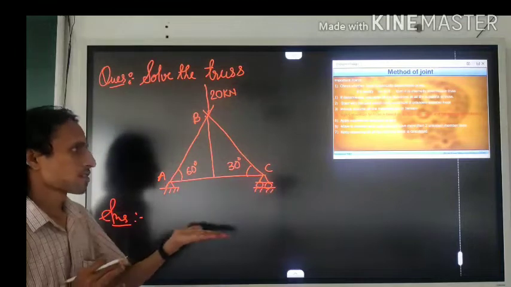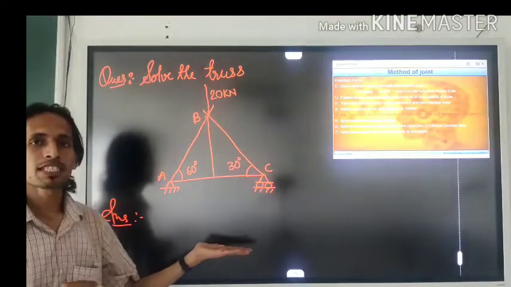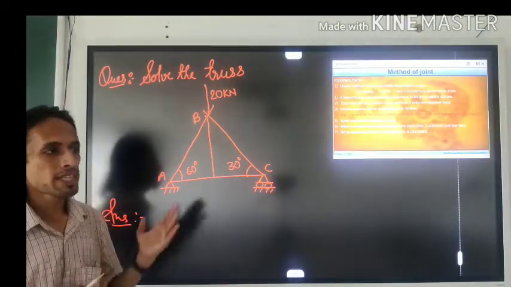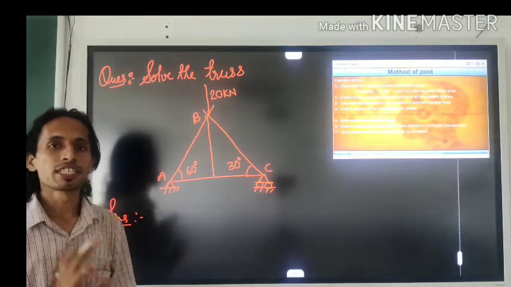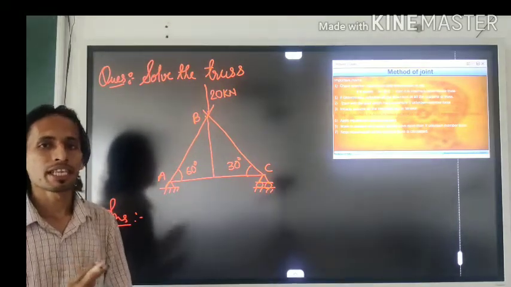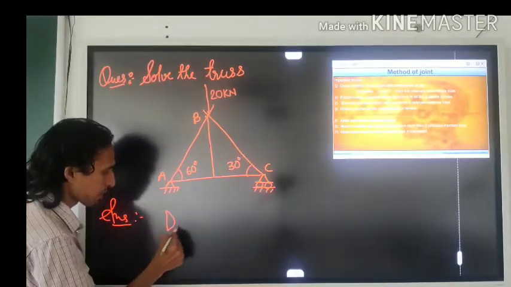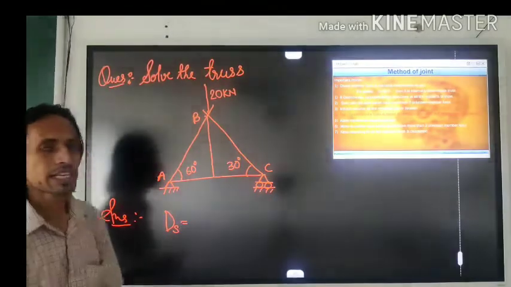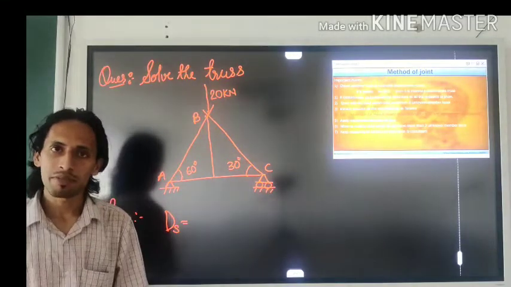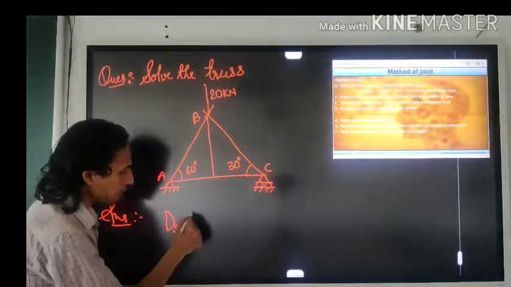What will be the first step? First, you should see whether the given truss is a determinate truss or an indeterminate truss. How will you calculate? You will calculate the degree of static indeterminacy.